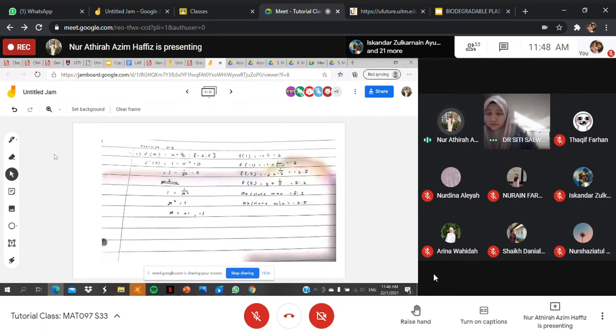So saya substitute 1 dapat 2 and saya substitute negative 1 dapat negative 2. And then saya substitute the intervals dalam f(x), and negative 2 dapat negative 2.5 which is the absolute minimum. And then saya substitute 5 f(x) and dapat 5.2 which is the absolute maximum.